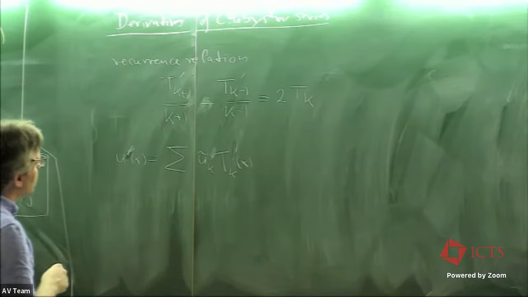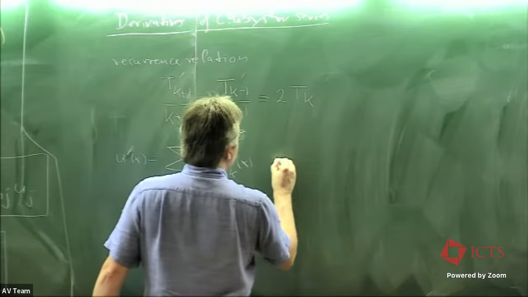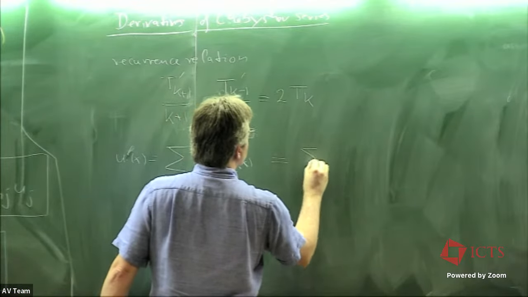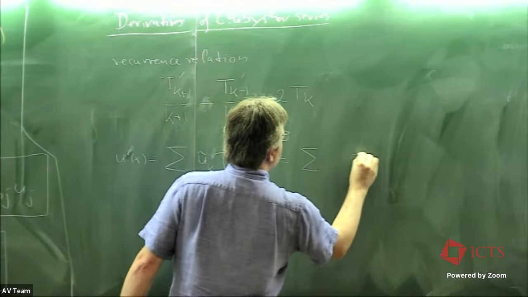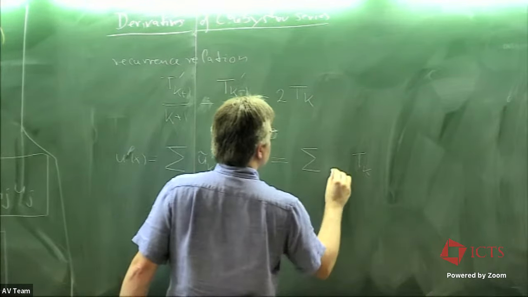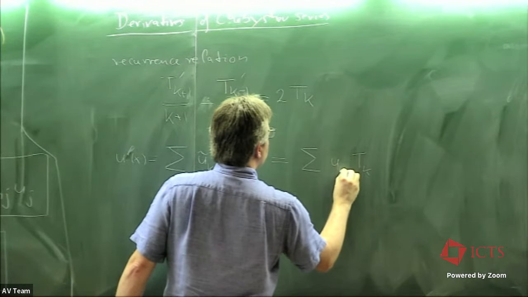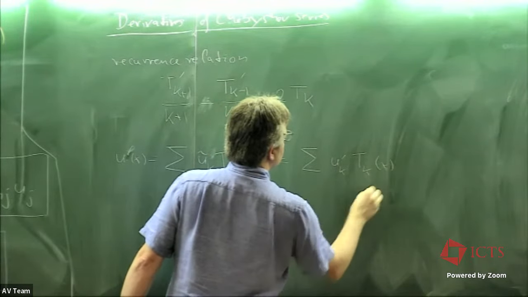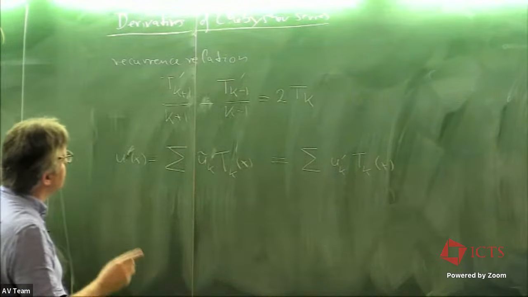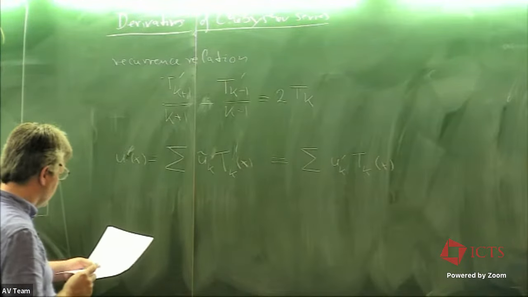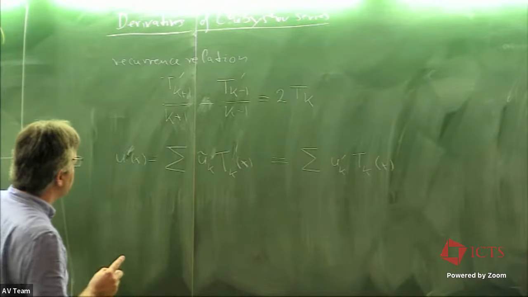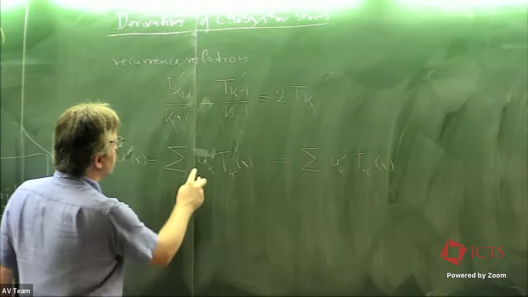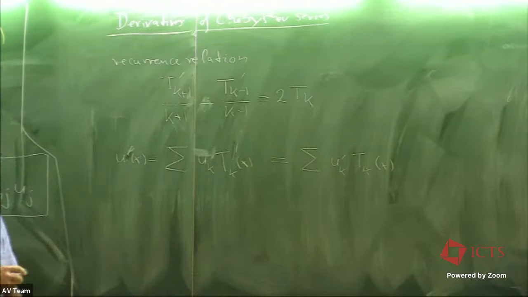But now I also want the series to have the form of a Chebyshev series again with some new coefficients. And just because there are so many tildes showing up in the next few lines, I will remove the tildes and not bother about the tildes for this part of the calculation.